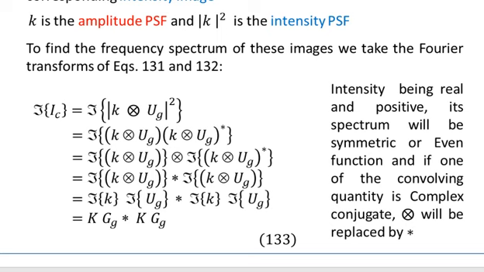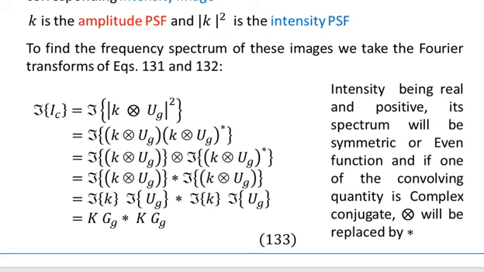So let's read the statement on the right hand side. Intensity being real and positive, its spectrum will be a symmetric or even function, and if one of the convolving quantities is a complex conjugate, convolution will be replaced by autocorrelation.